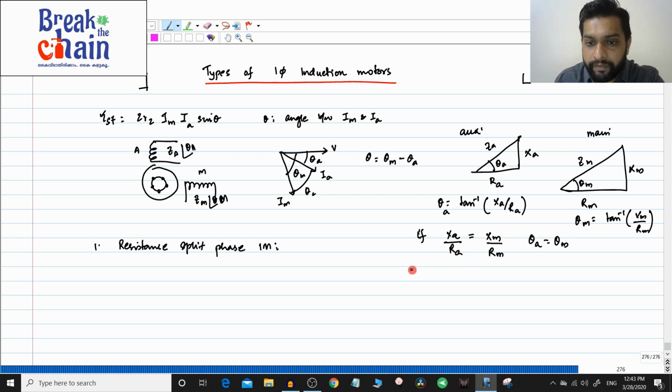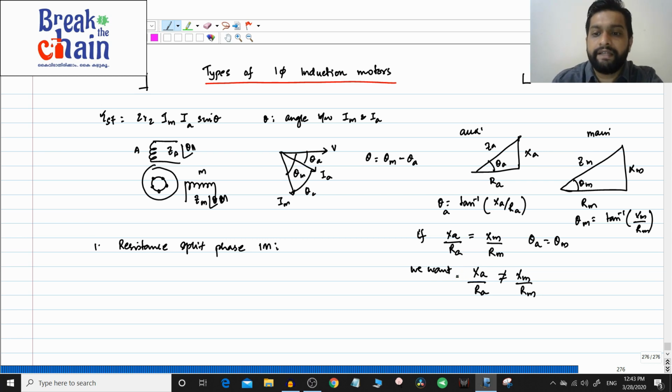So what we want is that Xa divided by Ra should not be equal to Xm divided by Rm.